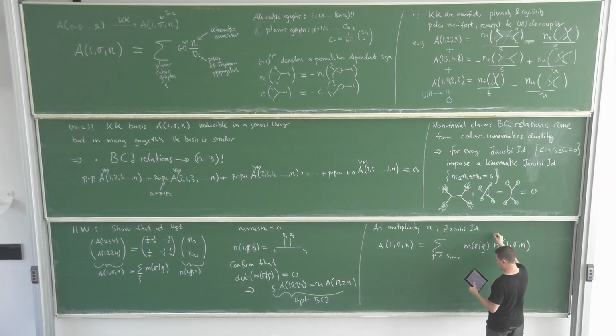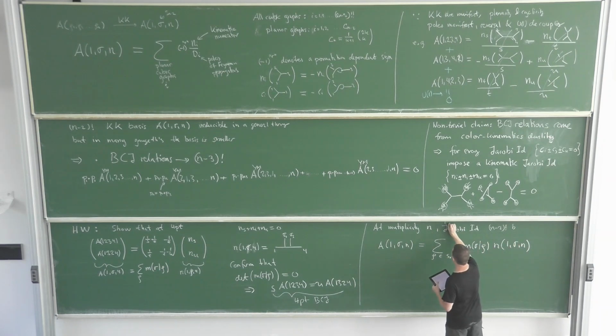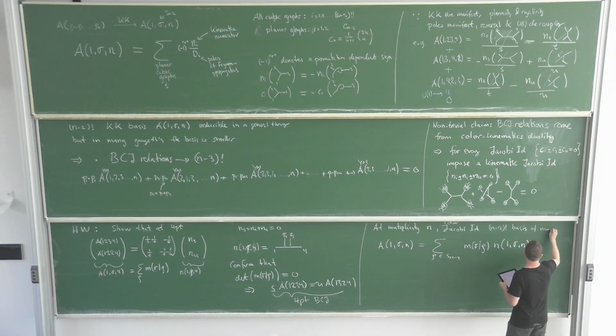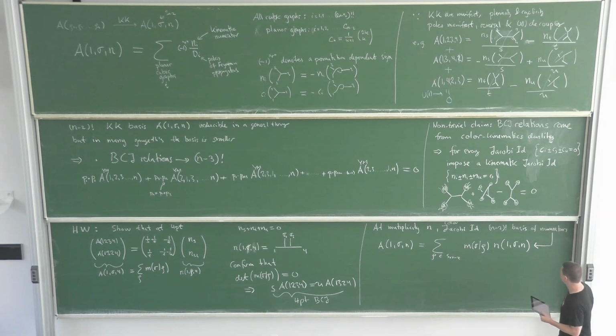So the Jacobi identity gives you an n minus 2 basis. Well, sorry, that was already clear. So this is the color Jacobi of numerators, which is what I have here. That is my basis of numerators.